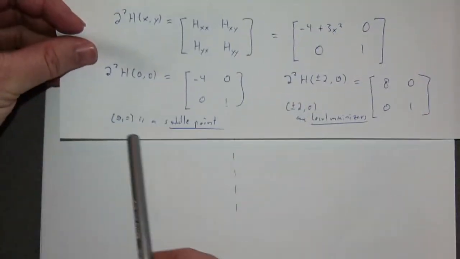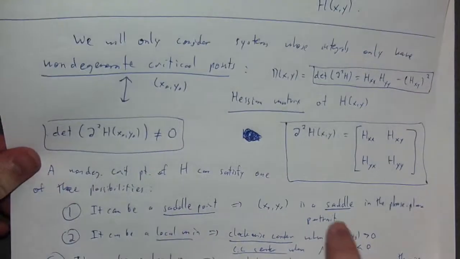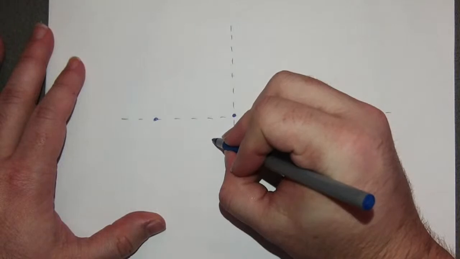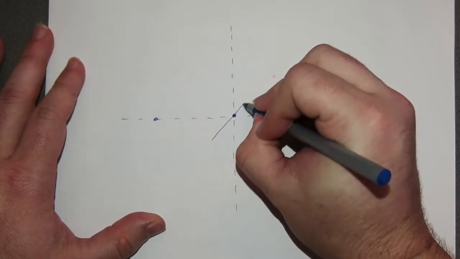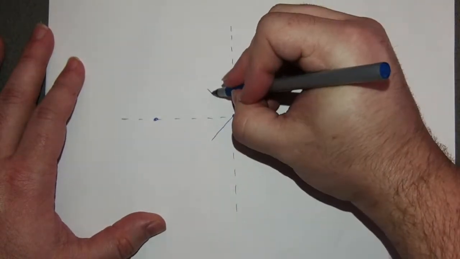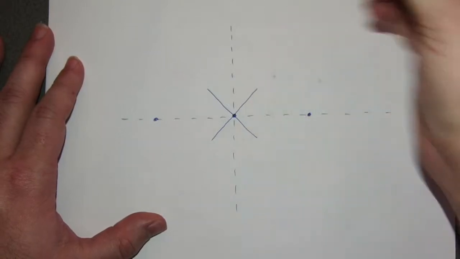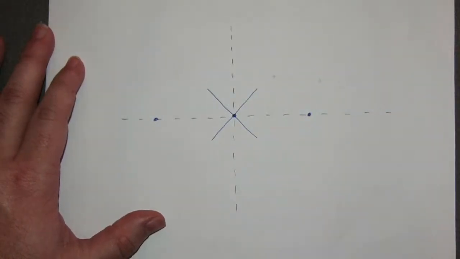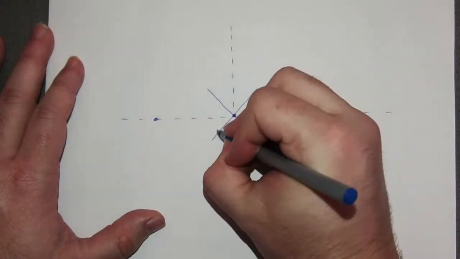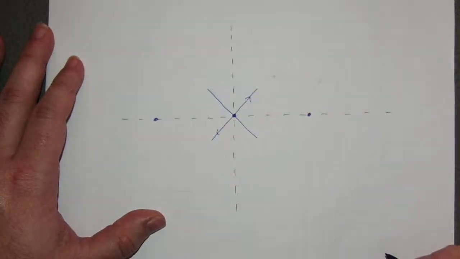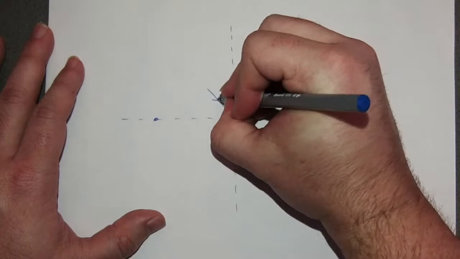(0, 0) is a saddle point, which means in the phase plane portrait, near that it should look like a saddle. What did a saddle look like? Well, I had these eigen solutions coming in like a crisscross, with some moving away from the origin and some moving towards.